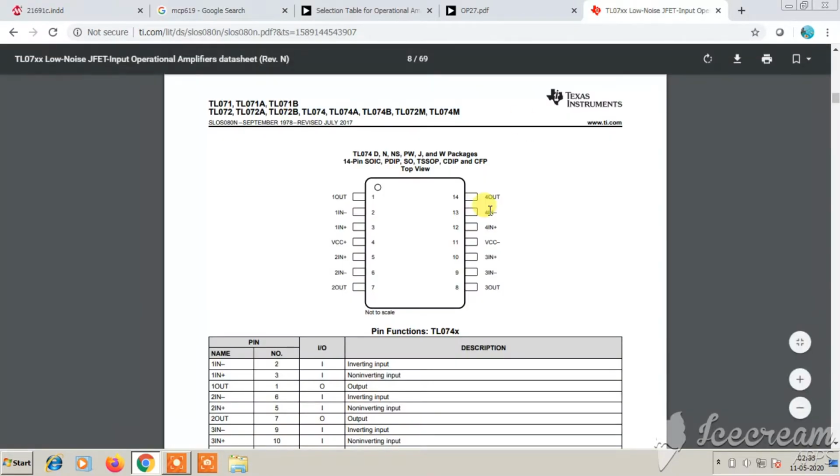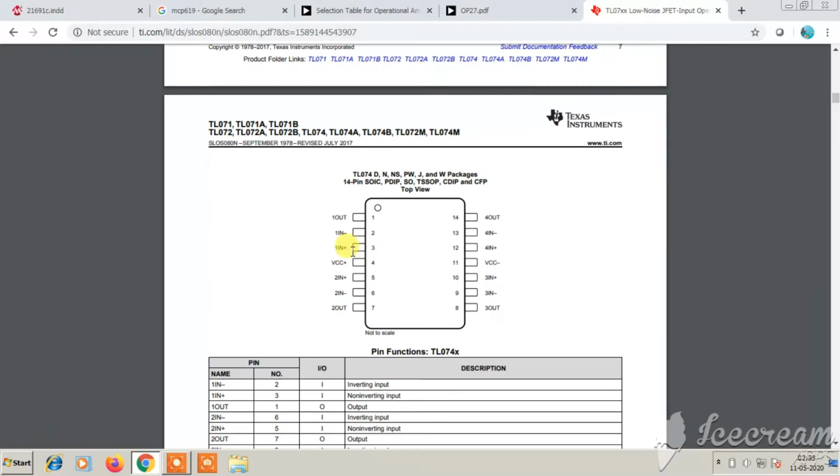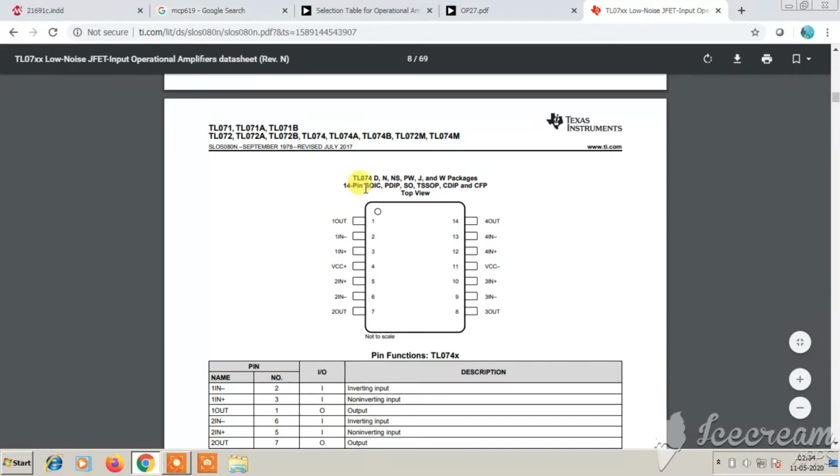So just as I said before, you typically have 3 general configurations for DIP or SMT type op amps: the 741 pinout types, the LM358 pinout types, and the LM324 pinout types. The LM324 features just the same pin configuration as the TL074 or the MCP619.